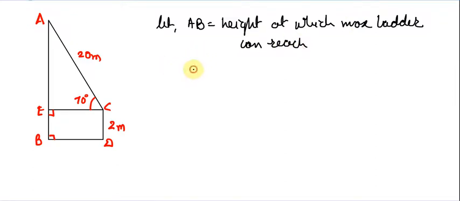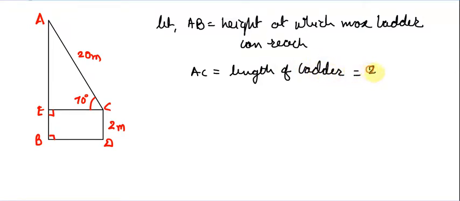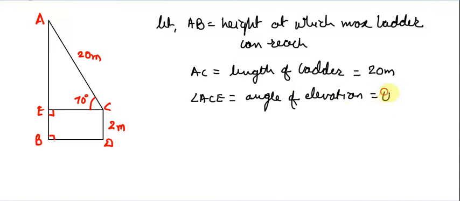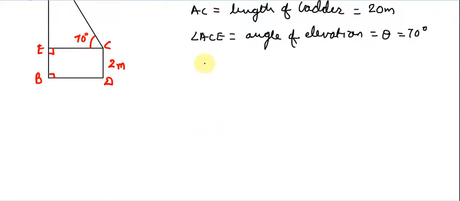Then AC is equal to the length of the ladder, that is the maximum length of the ladder, 20 meters. Angle ACE is equal to the angle of elevation, that is equal to theta equal to 70 degree. CD equal to the height of the ladder from the ground.